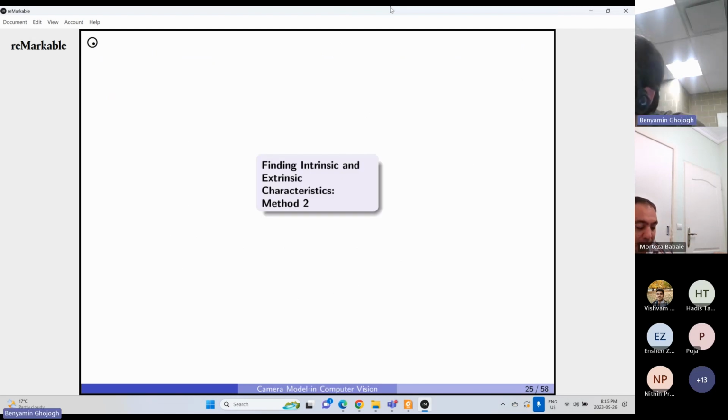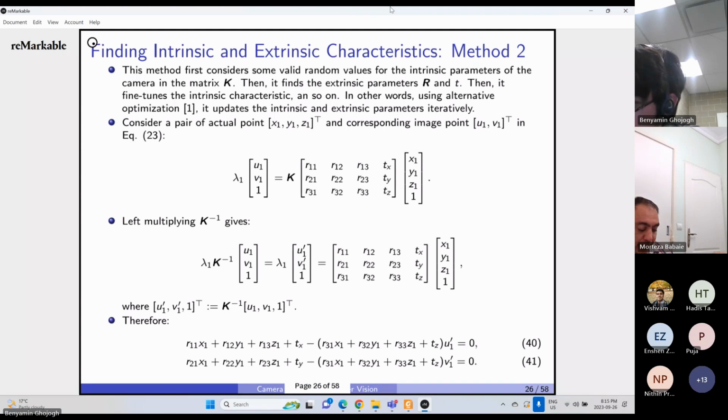Now, method 2. There's another way to find the intrinsic and extrinsic characteristics. For this method, by the way, we can have noise. We don't need to assume that it's not noisy. So this method uses alternative optimization. What is alternative optimization? It is an optimization technique which says that if I have several optimization variables, I can assume that one of them is fixed.